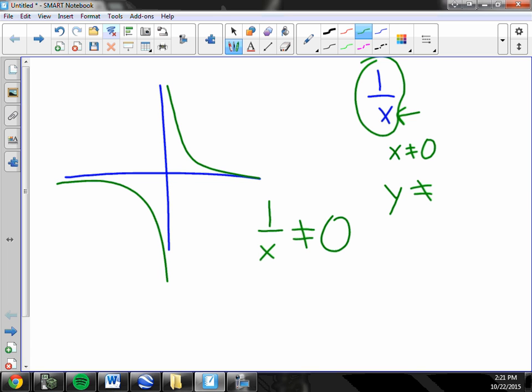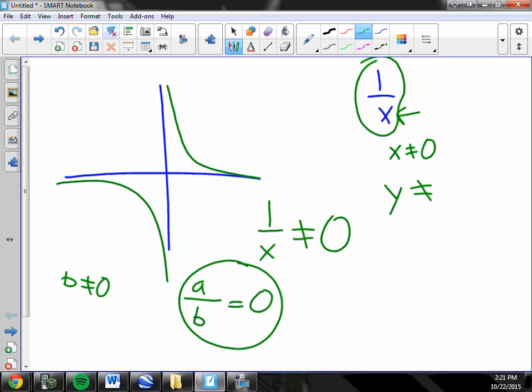So if I had a fraction, a over b equals 0, when does that happen? When a is 0 and b is not 0, right? b is not allowed to be 0, then it would be undefined. But if a is 0, then this is true. Well, when is a equal to 0? Never. It can't happen.